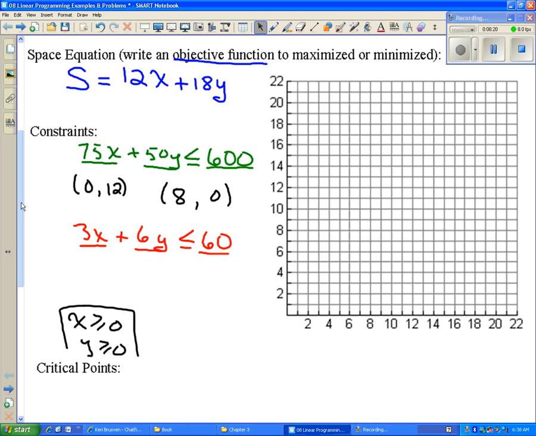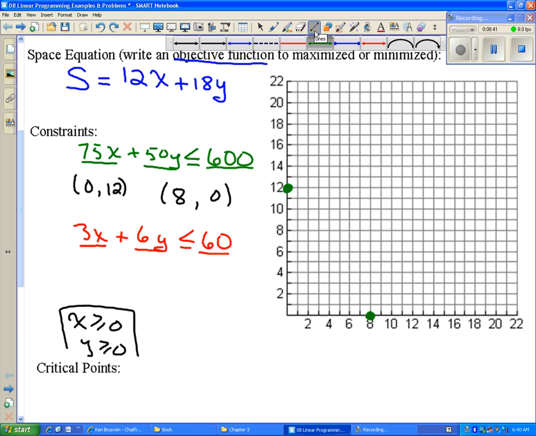So let's plot those 2 points. 0, 12 is going to, wrong color, this is the green line. So there's 0, 12. And then my other point is 8, 0. So there's my second point there. So I have my x-intercept, I have my y-intercept.